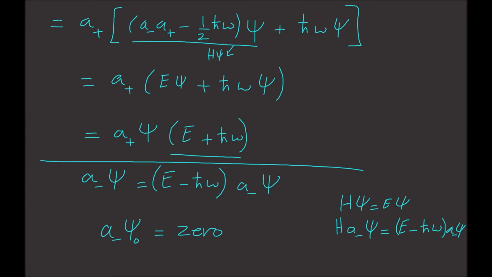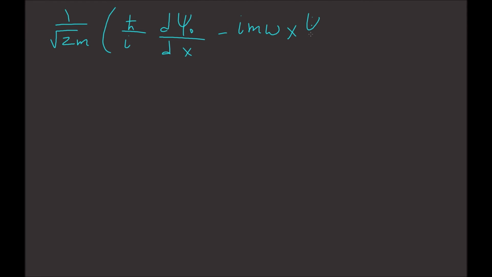So now we have 1 divided by square root of 2m times h bar divided by i d psi naught dx minus i times mass times angular frequency times position times the initial wave function. This should be equal to 0, right?